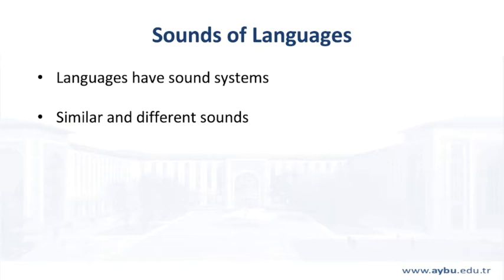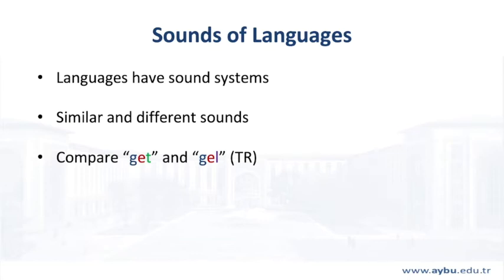Let's compare English and Turkish, for example. Look at these two words, get in English and gel, meaning come, in Turkish. You can see that all the sounds in these two words are common in both languages: G, e, t, and l.